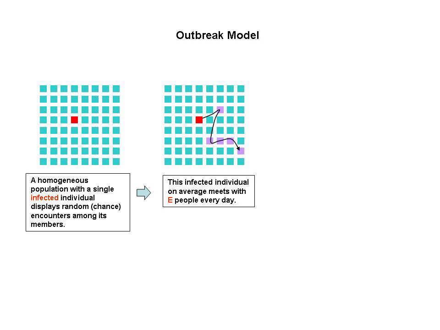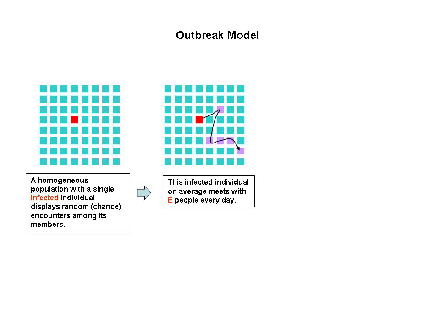Not every individual meets the same number of individuals every day, but you can have an average value for this, and it's pretty much constant for a large, homogeneous population. So at the end there are E people, let's say, that this single person meets every day on average. This is true for the whole population.